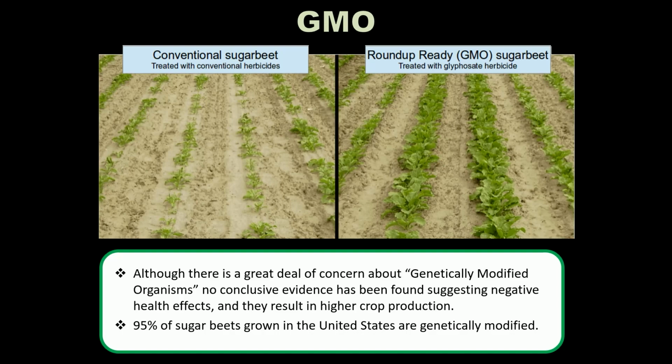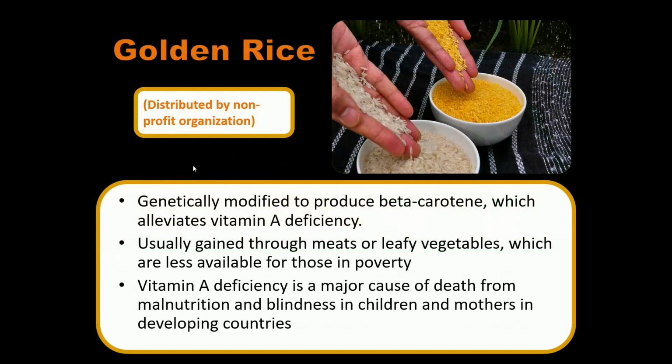Now, lest you think that everything with GMOs is bad, I would like to talk about golden rice, which is another genetically modified crop, but it is designed by and distributed by a nonprofit organization, and it is designed to solve a real-world nutritional issue, which is that in a lot of less developed countries, they have diets which are pretty rich in carbohydrates. They're able to grow things like, for example, rice or sometimes corn.